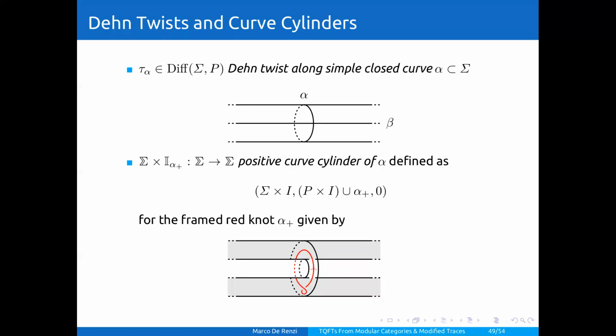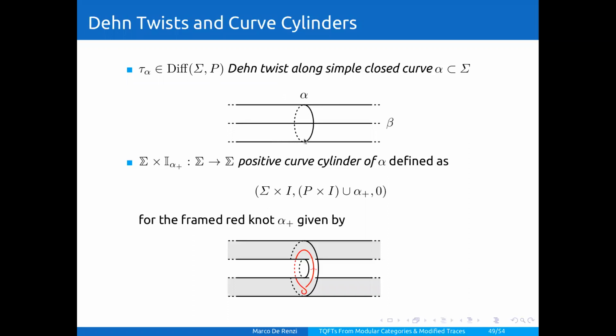And now there are special elements of the group of decoration preserving diffeomorphisms of sigma P, which, as we will see, or as probably many people know because it's some kind of classical result, generate the mapping class group. And these are called Dehn twists. So to define a Dehn twist, I will give a picture definition because it takes less space. We have a Dehn twist associated with every simple closed curve inside the surface sigma.